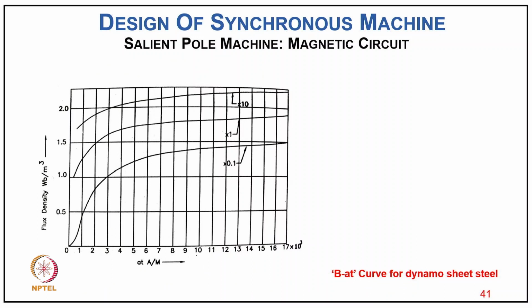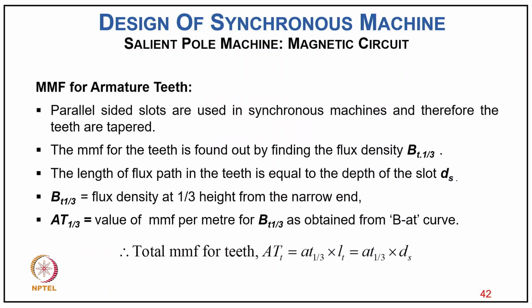So this is typically the BH curve for dynamo steel. Different materials are used, so that's why the characteristics are given here.